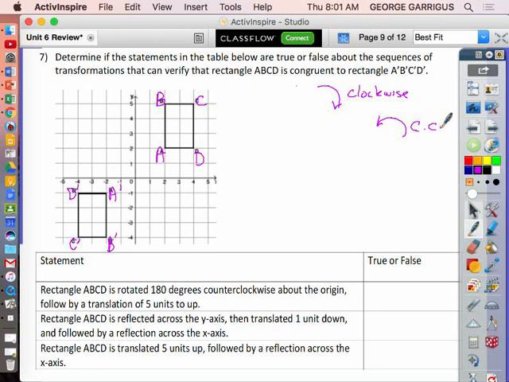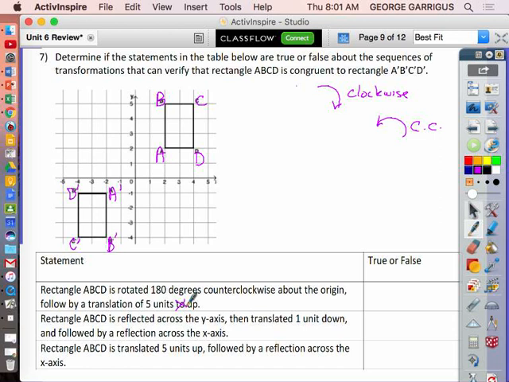So it's rotated counterclockwise about the origin, which would put it down over here. C would be all the way over here, and D would come and it would be over here. So about the origin, followed by a translation of 5 units up.